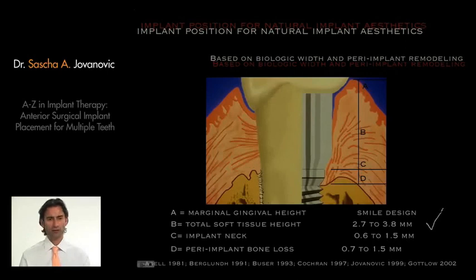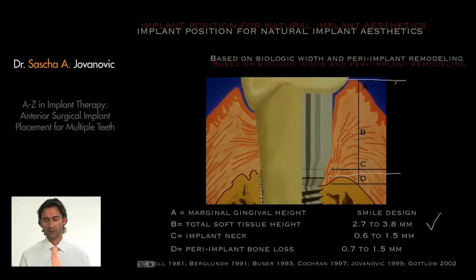The total soft tissue height again is plus minus 3 millimeters. So when I place one implant or I place multiple implants, there's no difference in how I place the implant in a vertical position. So my gingival margin is my goal. My bone height is my goal.